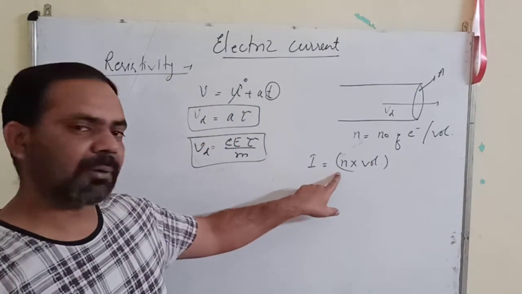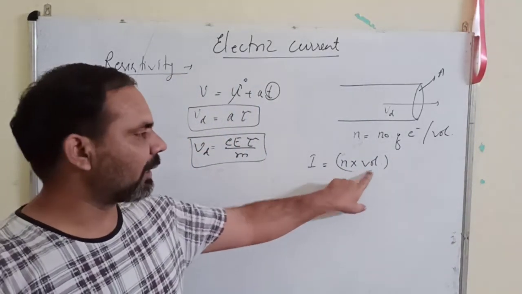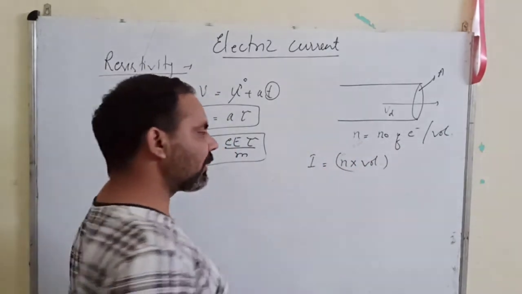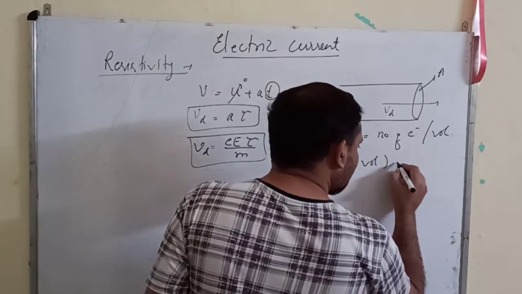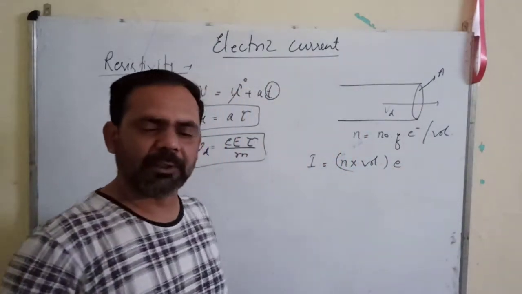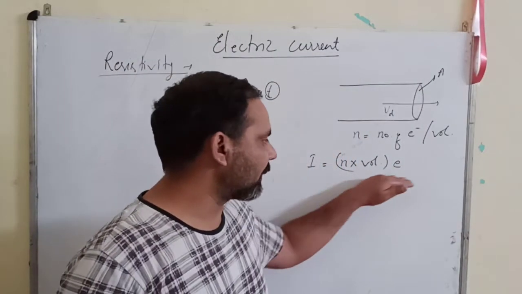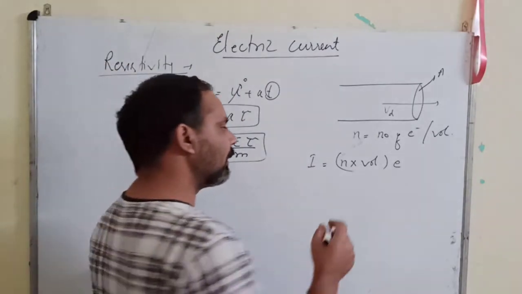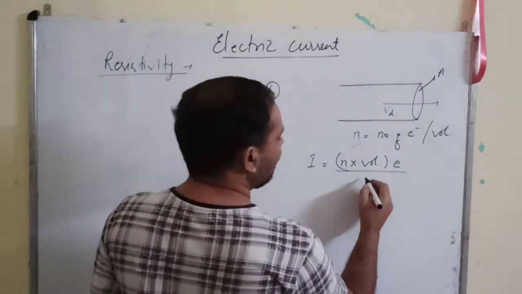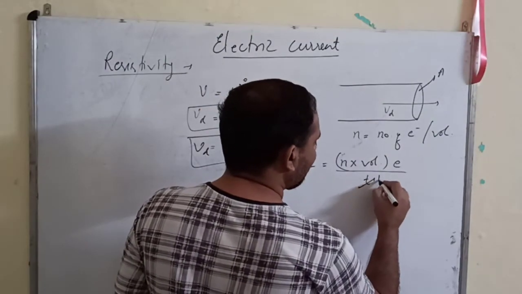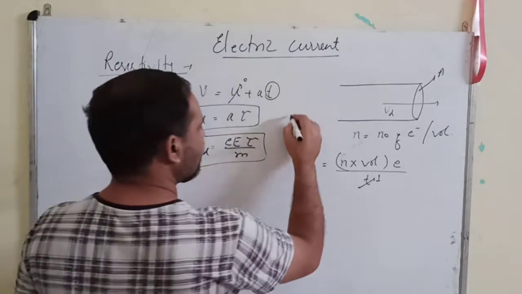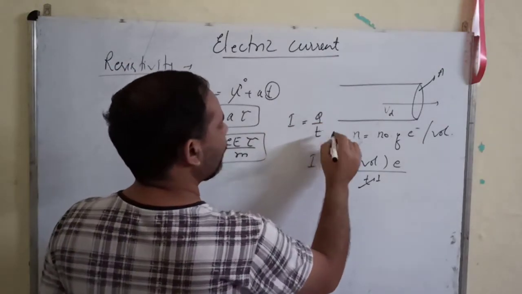When you multiply n by volume, you get the number of electrons, and multiplied with the charge of the electron, this is q, the total charge flowing through the conductor. If you are finding per unit time, then t will become 1, because q upon t is I. We already have this formula, I is equal to q upon t.